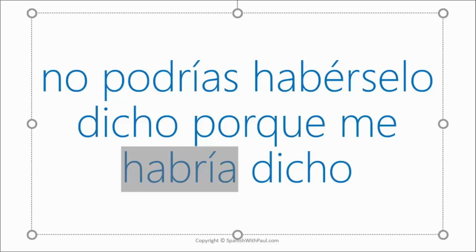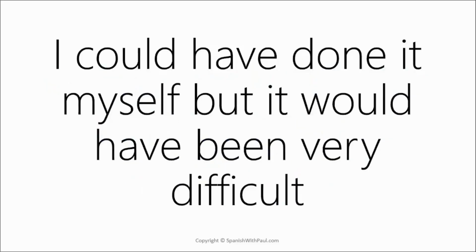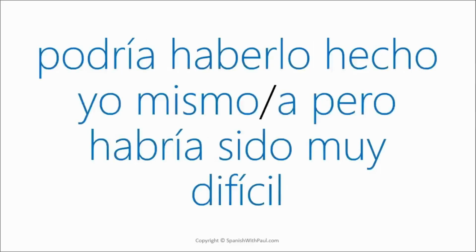Either way. Next up we have, I could have done it myself, but it would have been very difficult. Podría haberlo hecho yo mismo o yo misma, pero habría sido muy difícil.